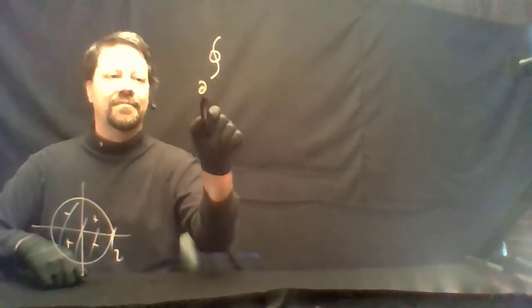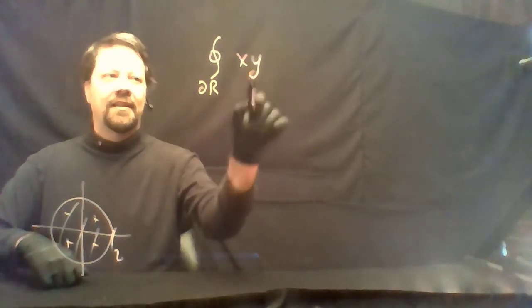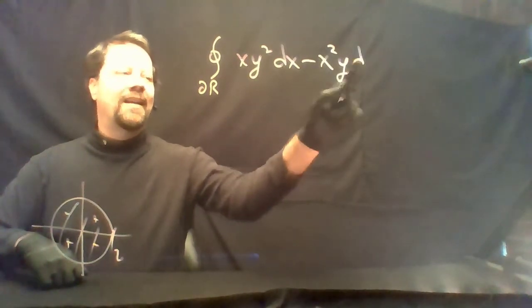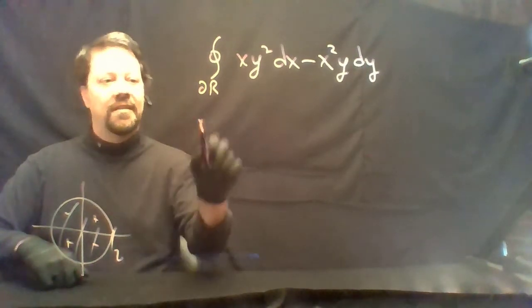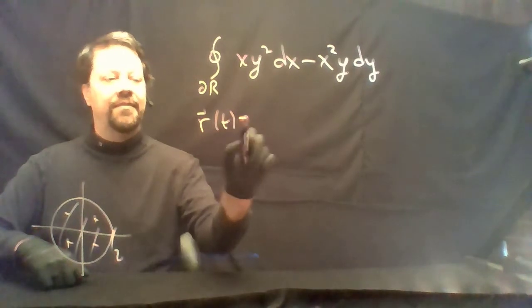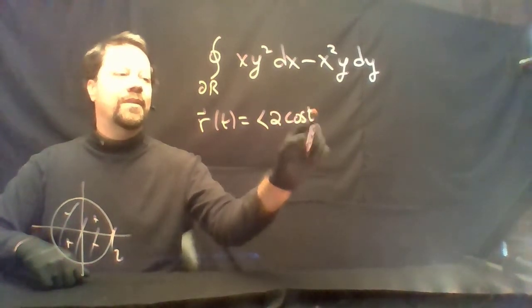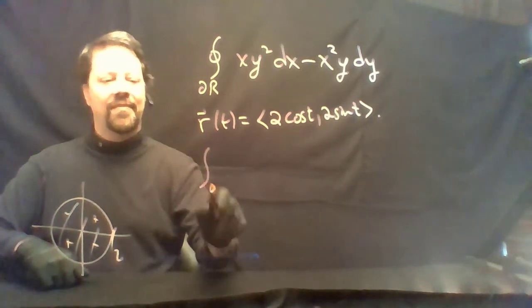Next, we have to integrate around the boundary. The original integral was xy squared dx minus x squared y dy. The boundary curve is parameterized by 2 cosine t, 2 sine t.